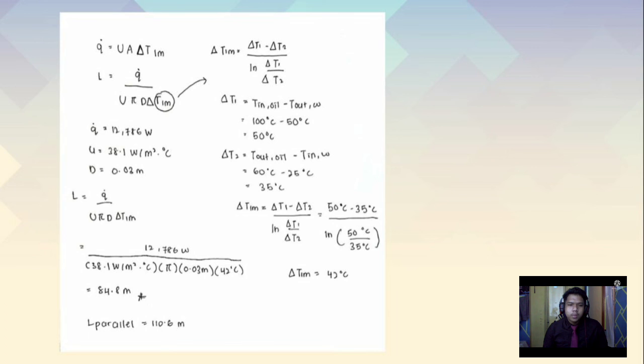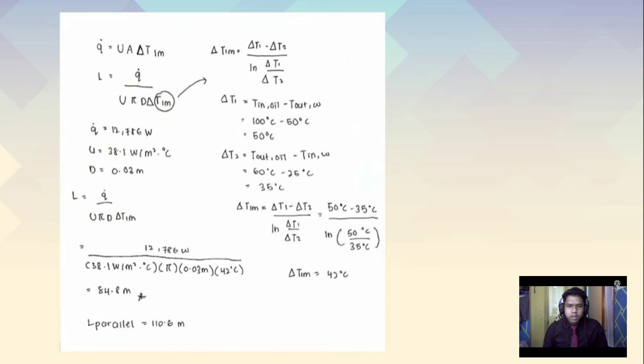12.786, U 38.1, D 0.03. So masukkan semula kepada formula yang kita dah ubah tadi pada awal tadi.